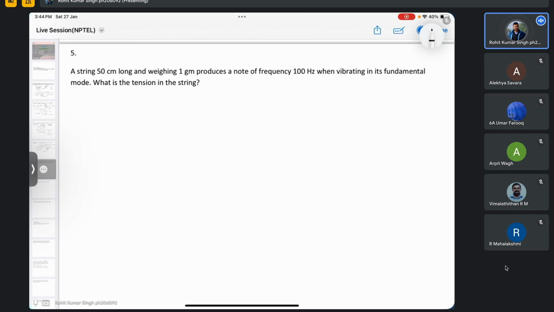Okay, so you have a string which is 50 centimeter long, and its mass is 1 gram. And it says it produces a note of frequency 100 hertz.